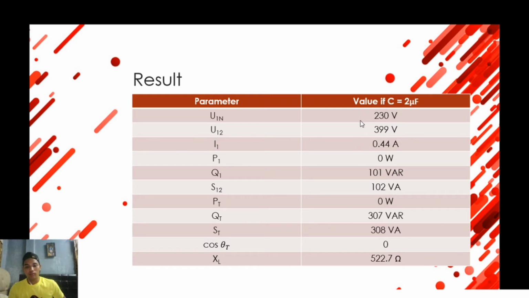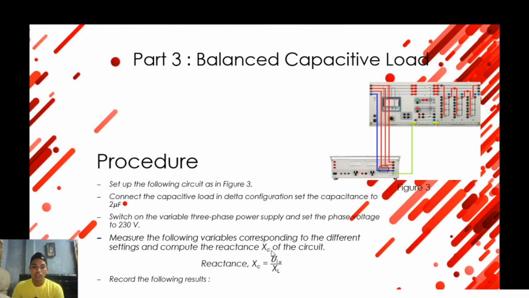The parameters from U line 1N until the power factor, we can get from the power meter. However, the value of XC we get from this formula.